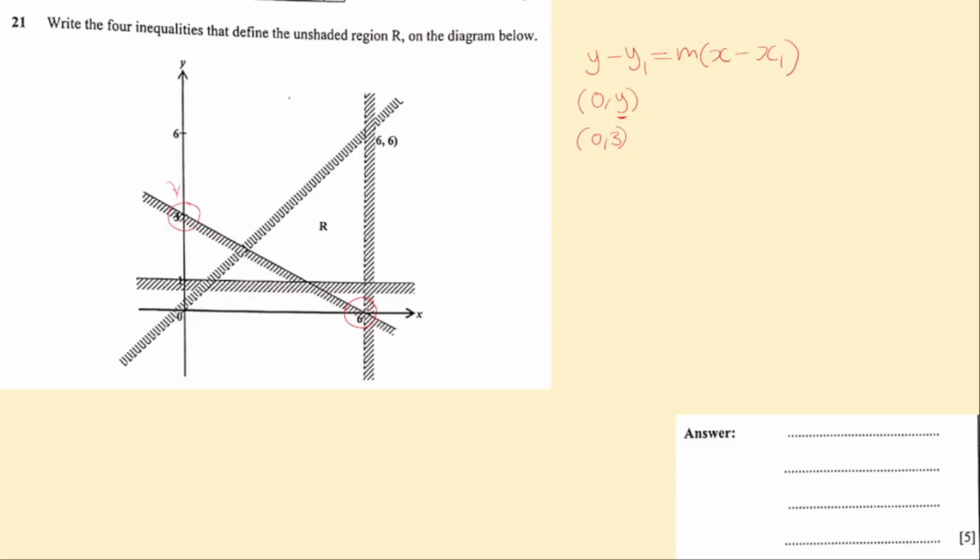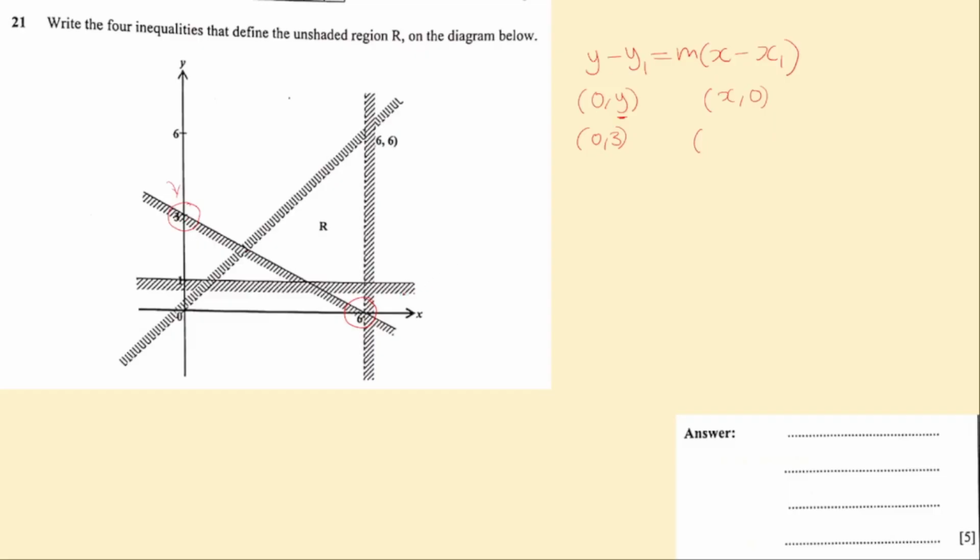This point is where the line cuts the x-axis, so it's of the form x, 0. So we say this is the x-intercept. This one here was the y-intercept.